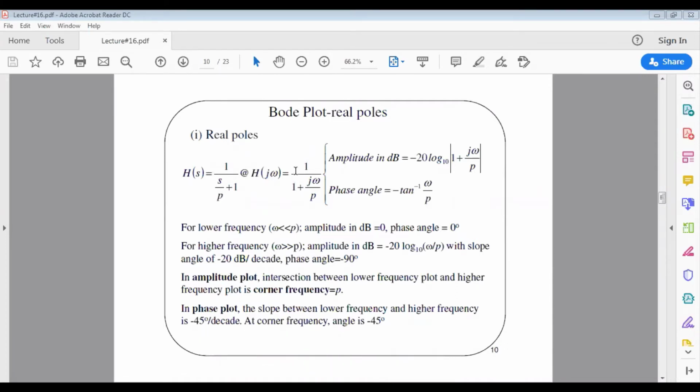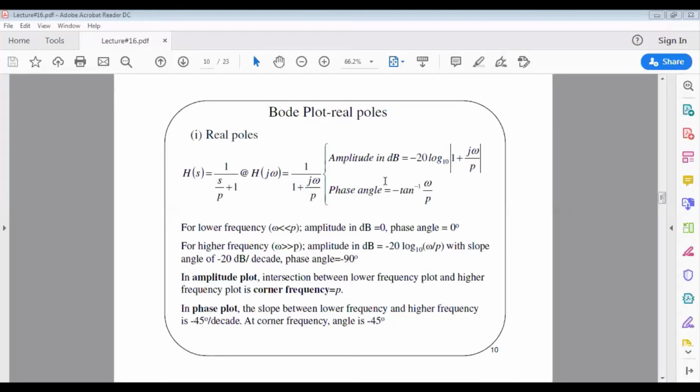In terms of the amplitude in dB, we can prove that it can be written as negative 20 log of the modulus of 1 plus j omega divided by p. And on the phase angle, it can be proved that the angle will be negative arctangent of omega divided by p.